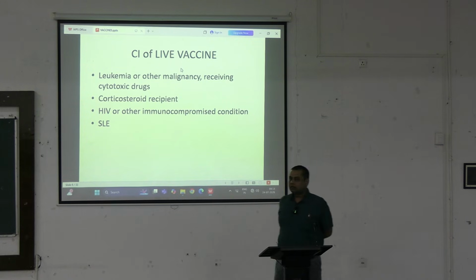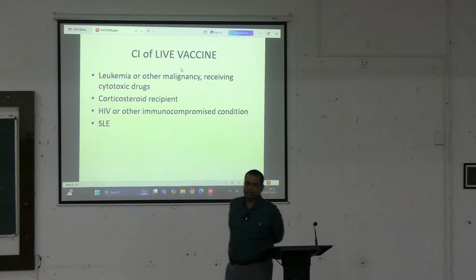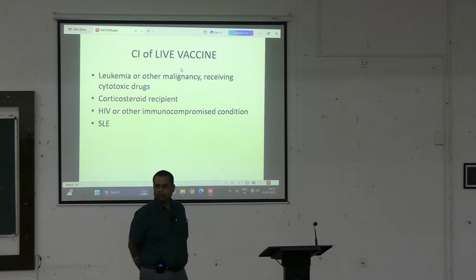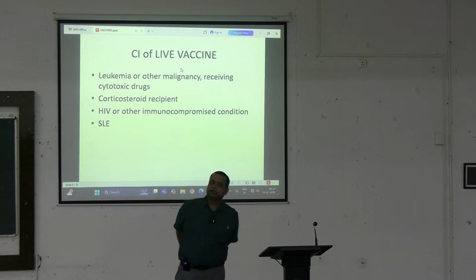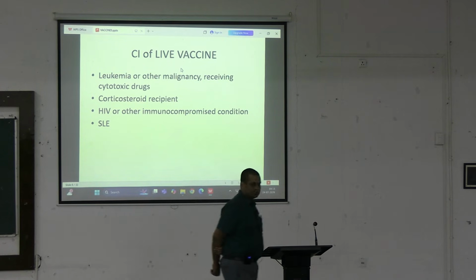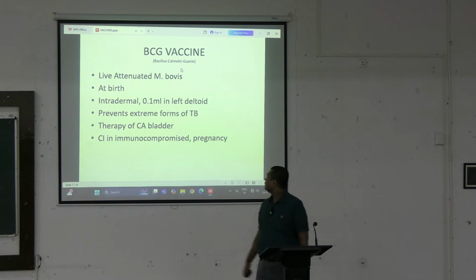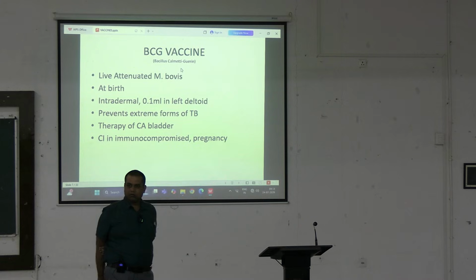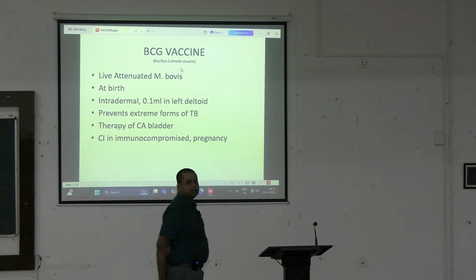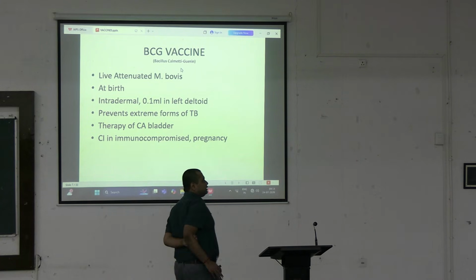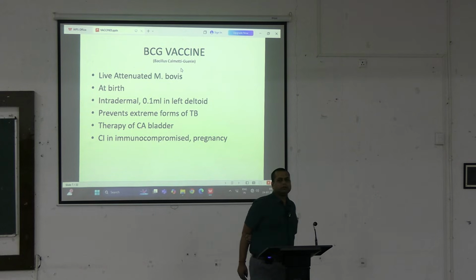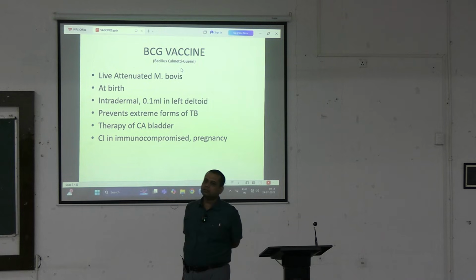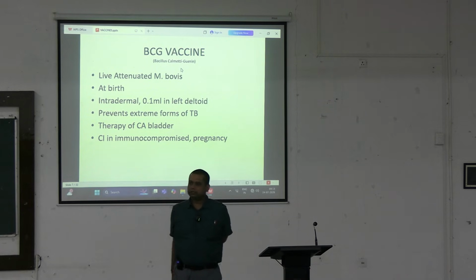So these are contraindications of live vaccines, because the bacteria or virus within the vaccine may lead to infection in this individual. BCG vaccine comes as a short note in examination. Vaccines in general are studied more vividly in community medicine and microbiology.